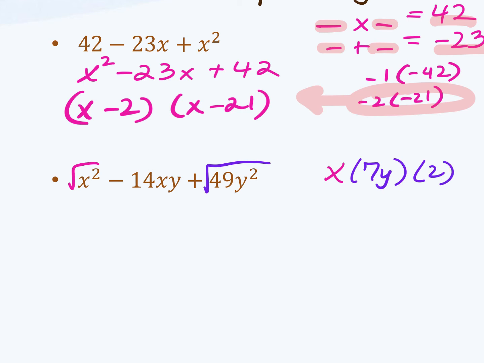And if it gives you the middle, which it does, xy, then we know that this is a perfect square trinomial. And all you need to do is take the square root of the x squared, the square root of the 49y squared, put the sign in the middle, and then you square it. And you're done. Now, if you didn't catch that, you can do it the traditional trinomial factoring method.